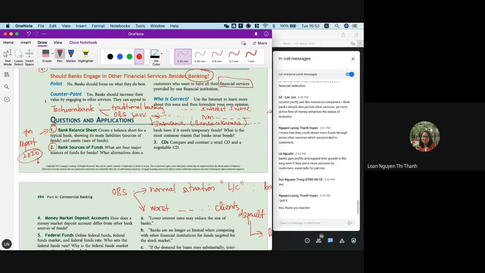And you look at the asset items and the liability items. In the assets, we have cash, loans, investments, and other activities.